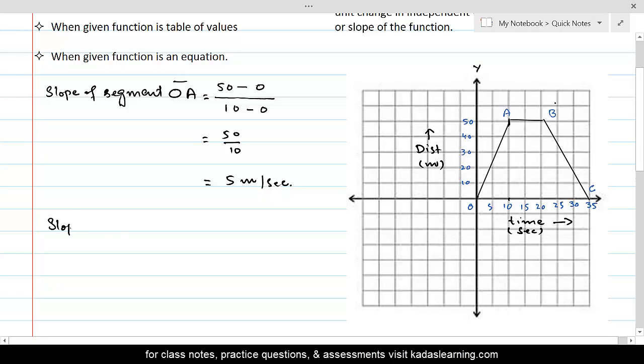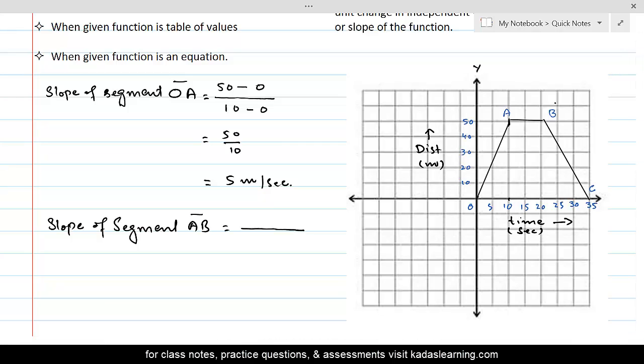Slope of segment AB. While moving from A to B, how much is the change that occurred along the y-axis? Both A and B are at the same height, therefore there is no change. For B it's 50 and for A it's 50, so this is 50 minus 50.